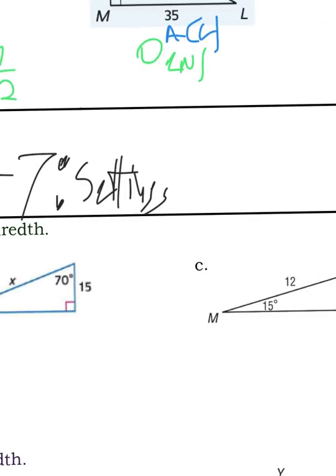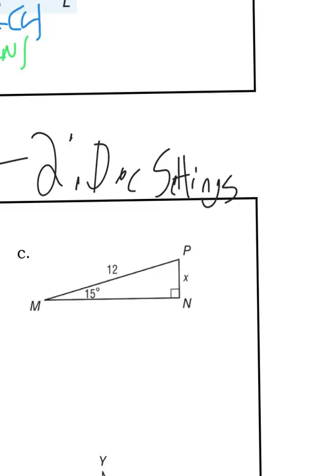From that, you hit 2, document settings. And once you do that, there's an option that says radians. You need to change that to degrees.